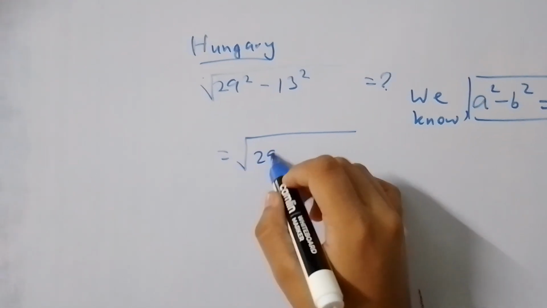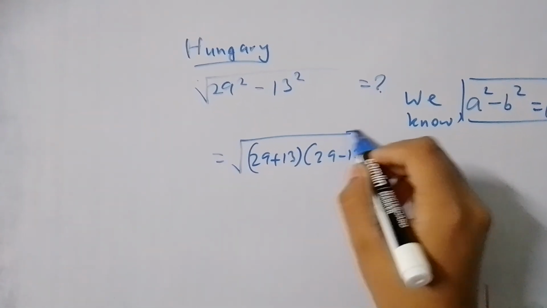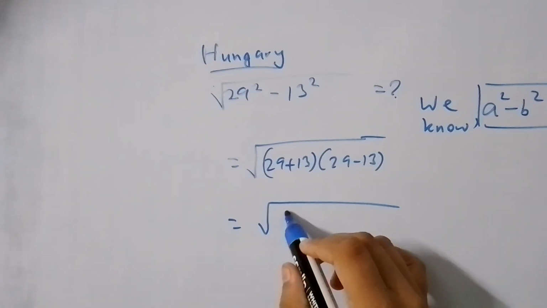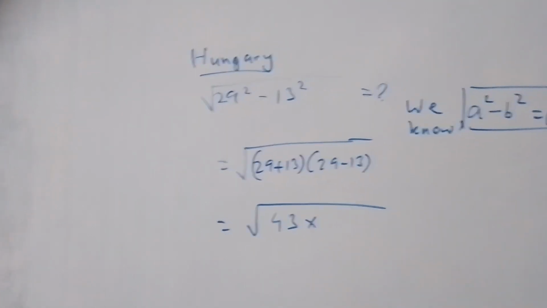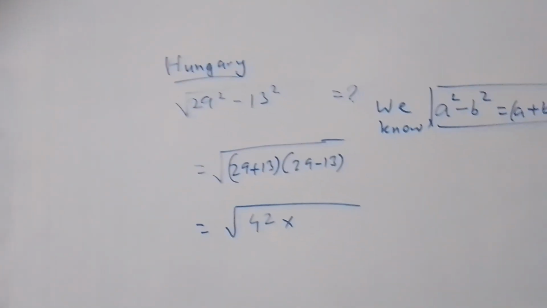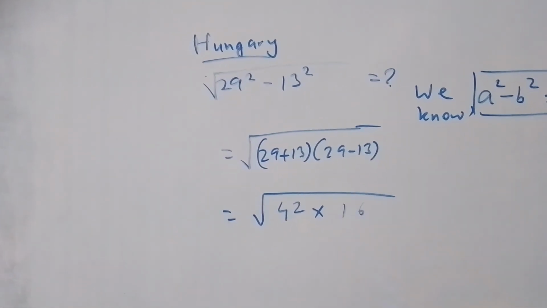So 29 plus 13 and 29 minus 13, so it will be what? It will be 43 times, no, not 43, it's 42 times 16.